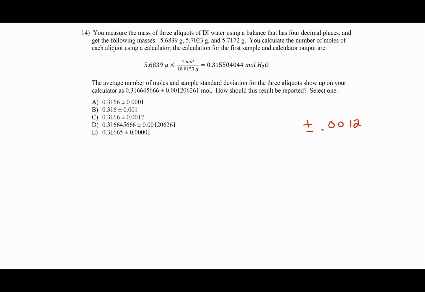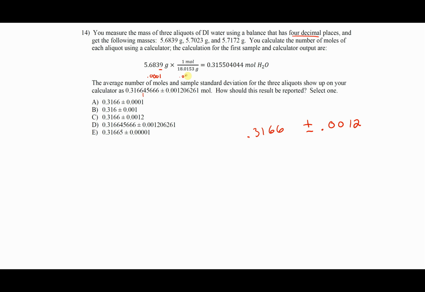Rule 2. Report your answer with no higher precision than the error. So we have 4 decimal places. That 4 will not cause it to round, so we have 0.3166. Rule 3. Are we doing better than our instrument? Well, let's find out. Here's a sample calculation. This is from our scale with 4 decimal places, which means the average error from our scale is in the 4th decimal place here.